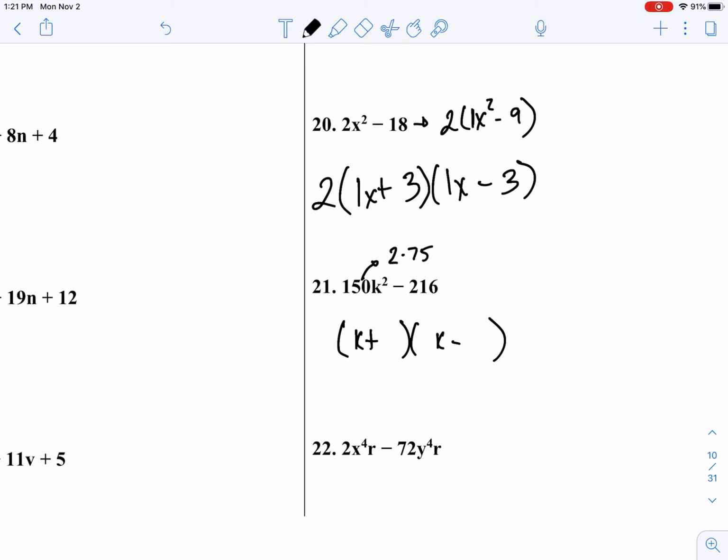It's also not divisible by 2, so 3. So 6 times 25. 25 is a perfect square. And then 216 divided by 6 is 36. So pull out a 6. Square root of 25 is 5.